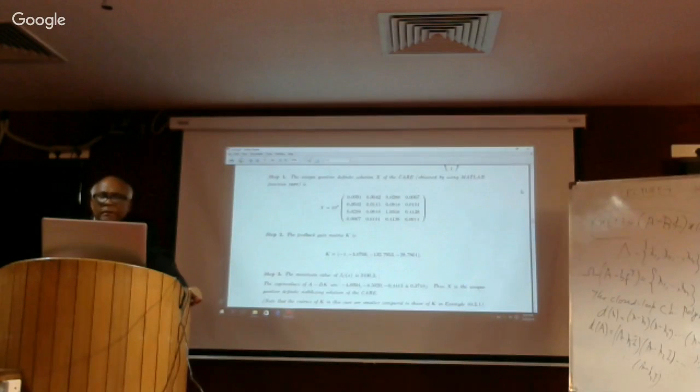Now, remember in the Lyapunov case, the elements of the feedback matrix K were of the size 10 to the 3. Here, look at how small the entries of the matrix K are.